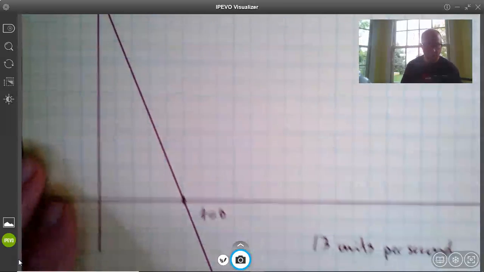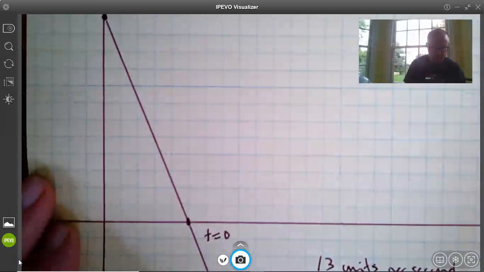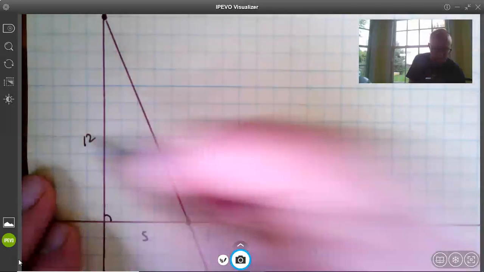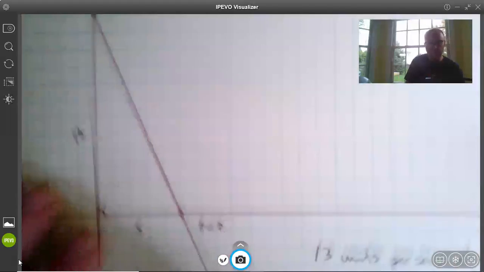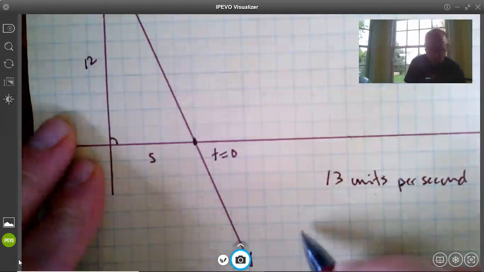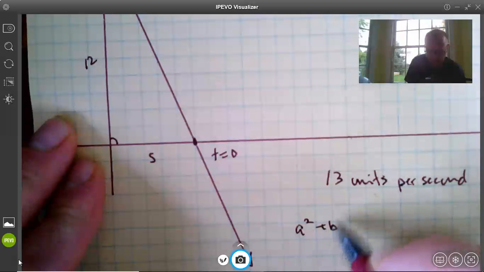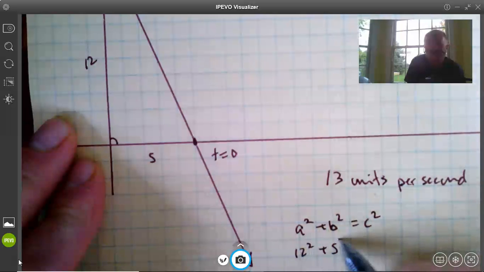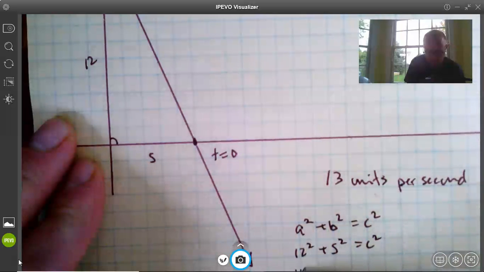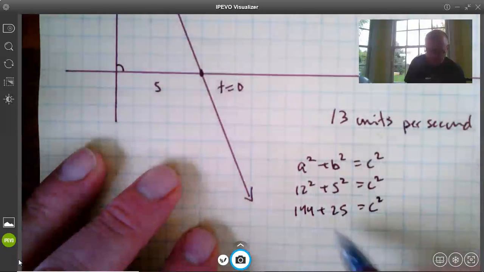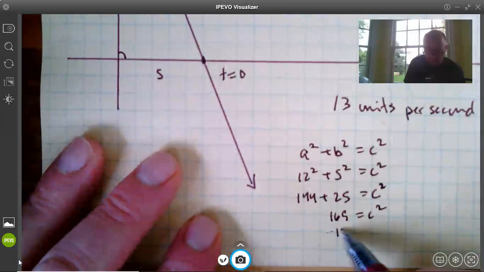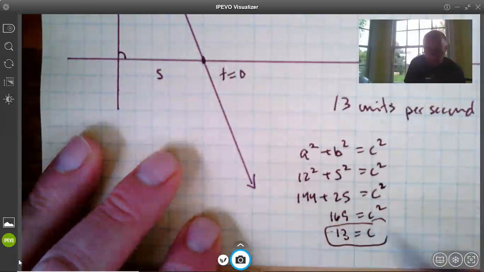Well, if you look here, this is 5, and that's 12, and using the Pythagorean theorem, a squared plus b squared is c squared. 12 squared and 5 squared is c squared, 144 and 25 is c squared, 169 is c squared, and the square root of 169 is 13.